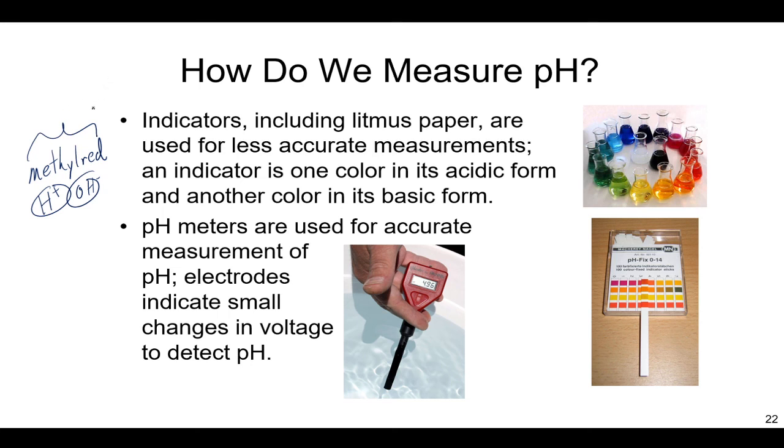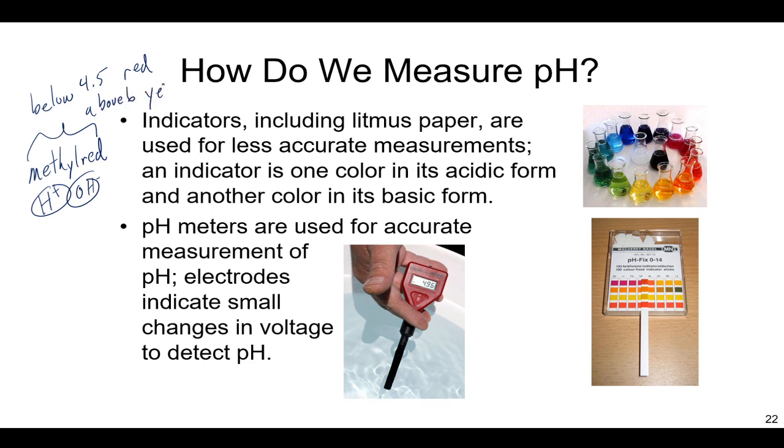And so methyl red is one of these indicator molecules that when it's below 4.5 pH, it's red, okay? But if the pH is raised through the addition of a base or something else, and now you have a lot more OH minus around and a lot less H plus than you previously did, okay? And so maybe the pH is now above 6.